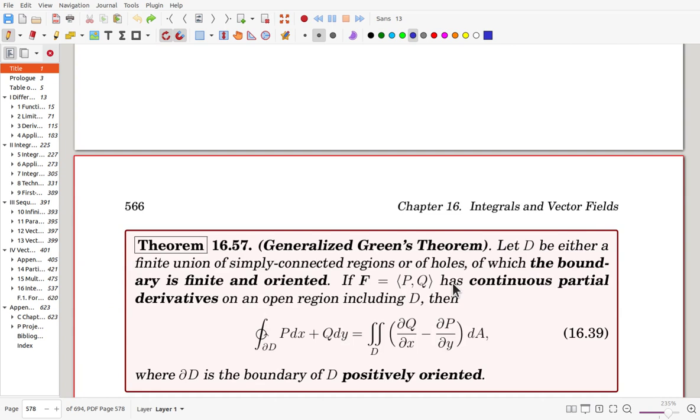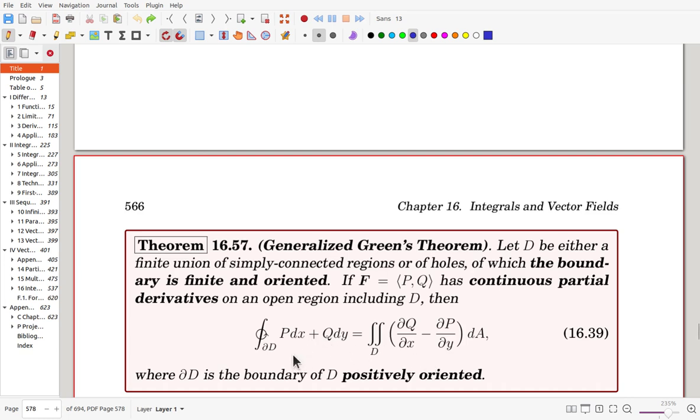That is the generalized Green's theorem. Let D be either a finite union of simply connected regions or of regions with holes, of which the boundary is finite and oriented. If the vector field F has continuous partial derivatives on an open region including D, then we have this equation satisfied.